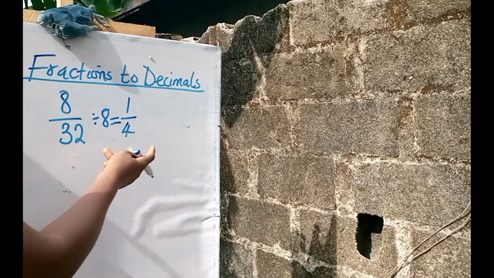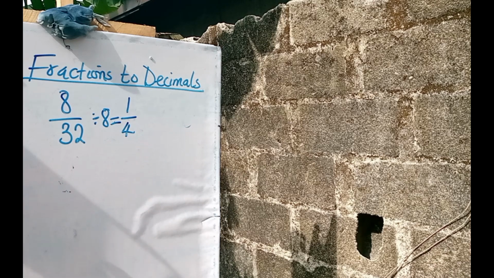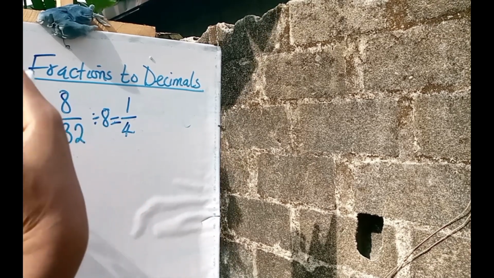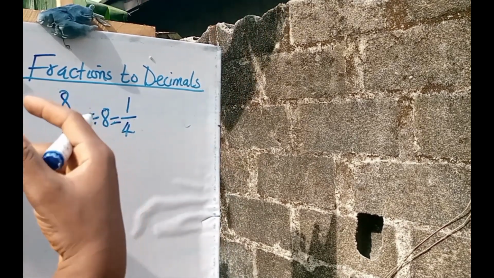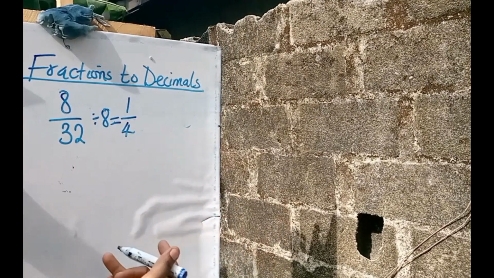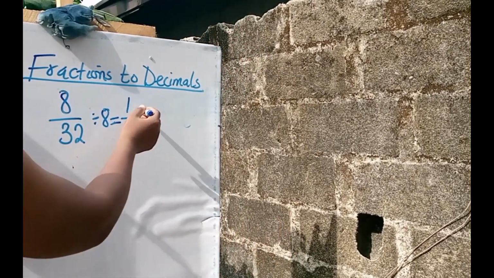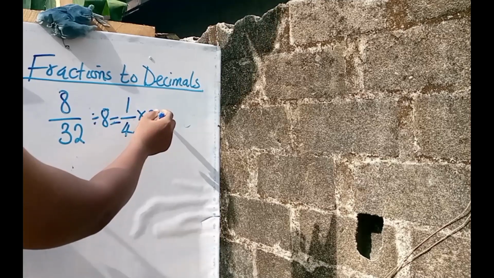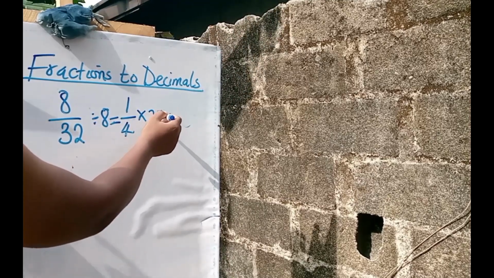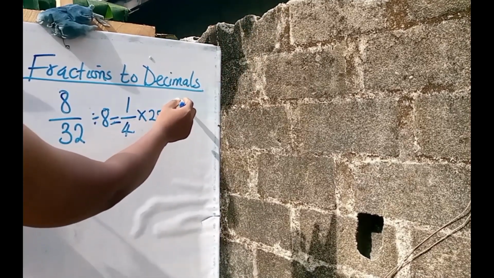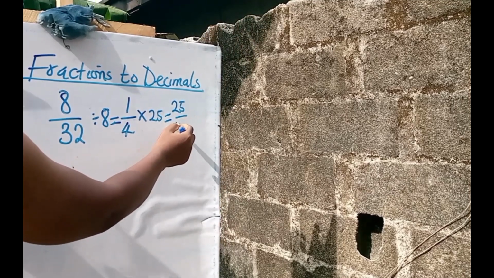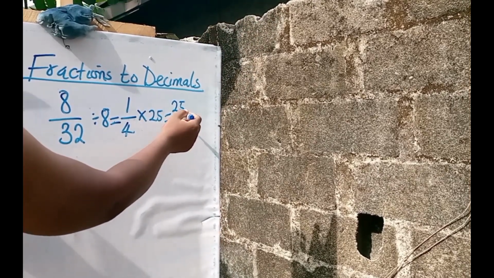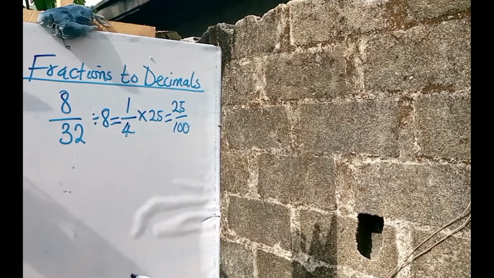At this point, we take this fraction 1 over 4 to a friendly denominator of base 10, and that is multiplying it by 25. This will give us 25 over 100. Now we have 25 over 100.